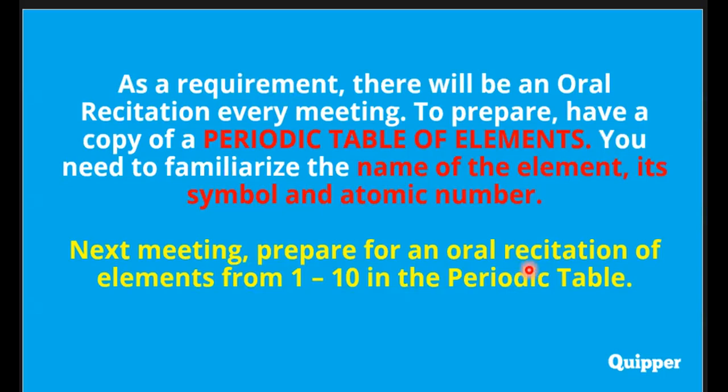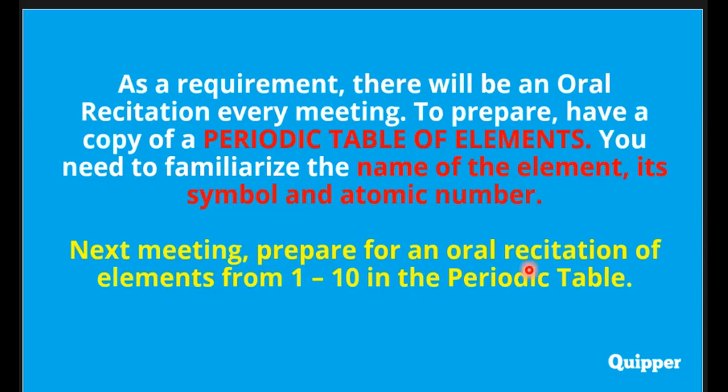To help you prepare for that oral recitation, I want you to have a periodic table of elements. You can buy it, or you can download it and look for it in Google. There are many available resources that you could find. Then you are going to familiarize yourself with the name of the element, its symbol, and atomic number.